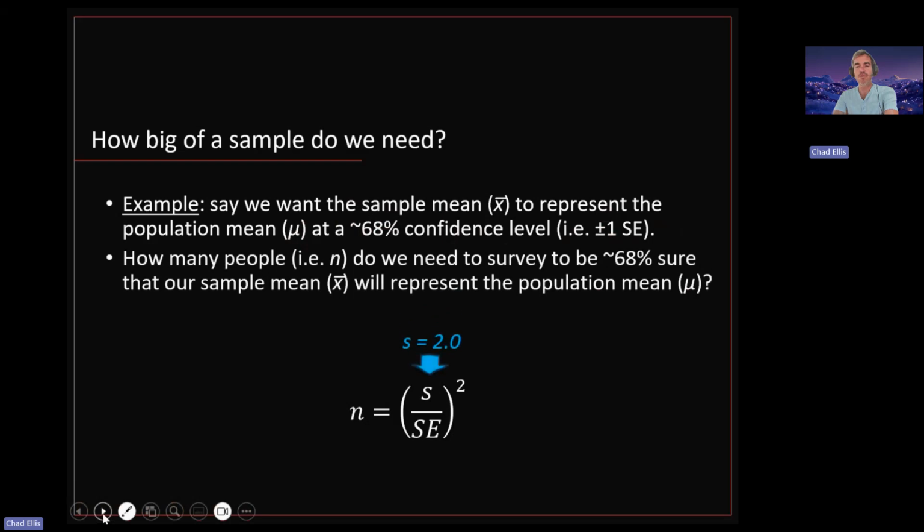Well, we can use this turned-around formula now and plug in the standard deviation of our sample, and then our standard error, which is 0.02, and that gives us an n of 10,000. So that tells us that we need to survey 10,000 people in order to achieve a 68% confidence level.